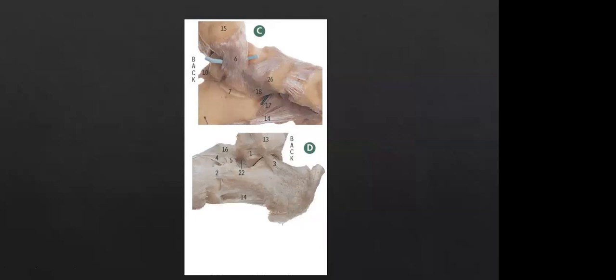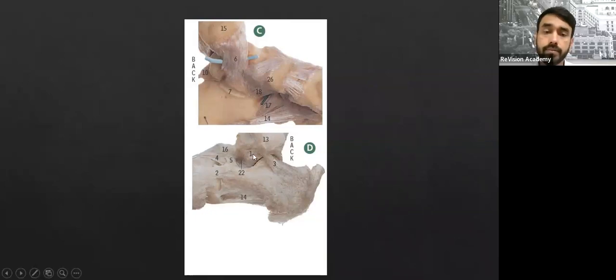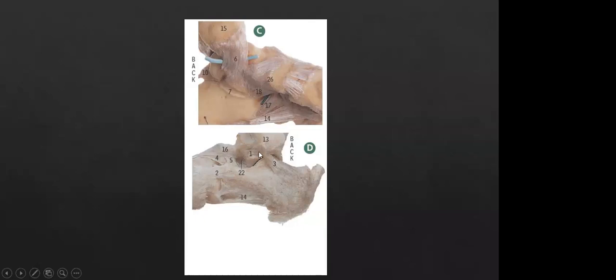Superiorly, it's tibia and medial malleolus, and inferiorly, it's talus. Okay, can you identify number 1? It's a tibiotalar ligament.